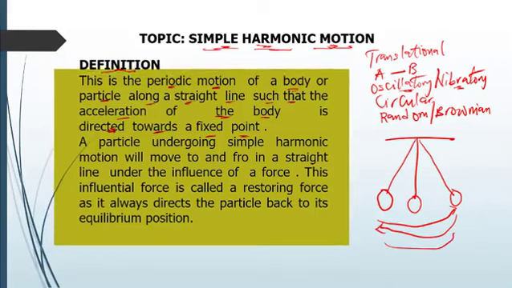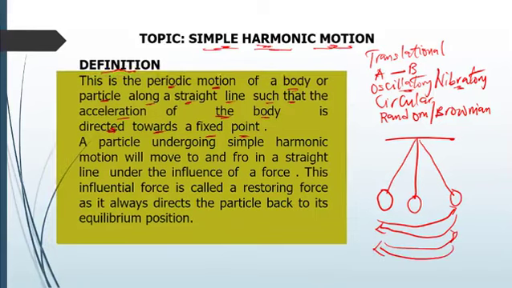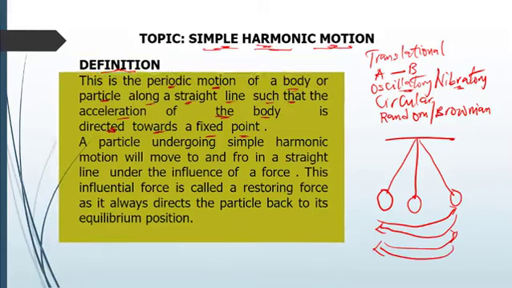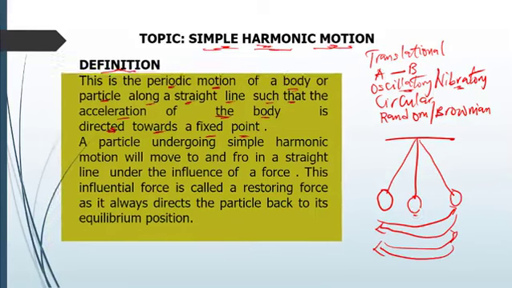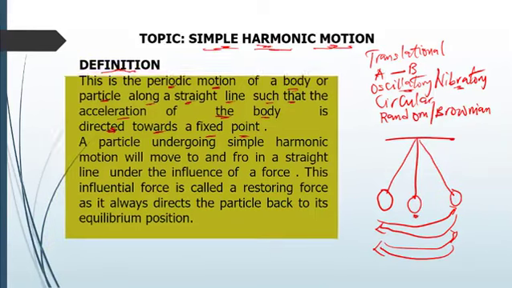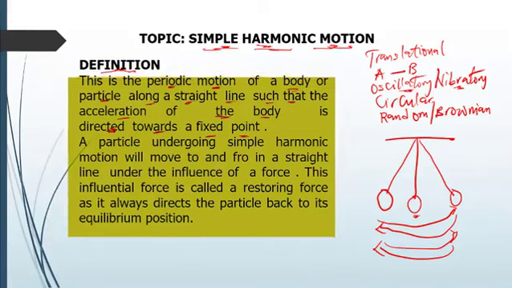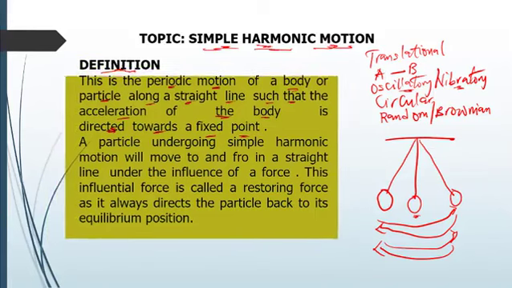This to and fro motion will keep happening until finally it comes to rest in this equilibrium position in the middle here. This is what we call simple harmonic motion, the periodic motion of a body that is moving along a straight line and is directed towards a fixed point.